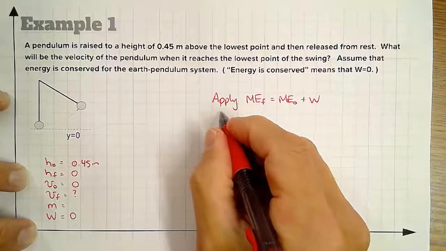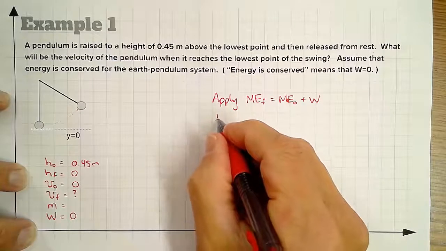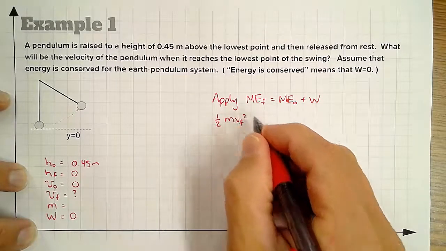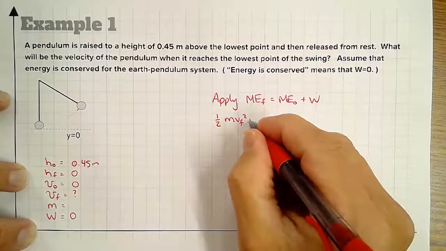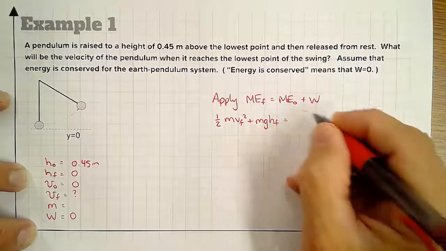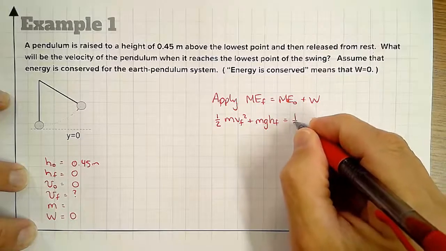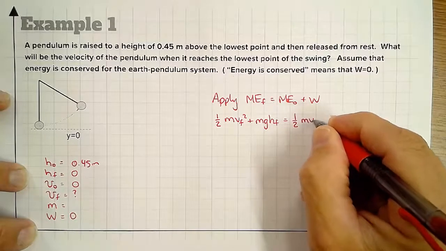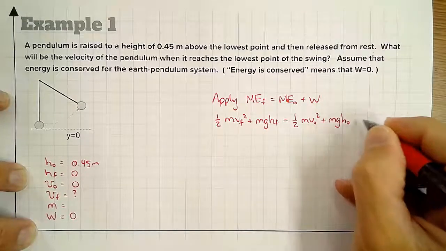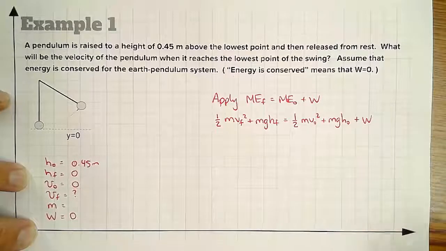The equation we get when we do this is going to be the kinetic energy, 1/2 mv final squared. So the kinetic energy at the end plus the potential energy at the end, mgh final, must equal whatever energy we started with, so that's 1/2 mv initial squared plus mgh initial plus any energy we add or take away from the system.